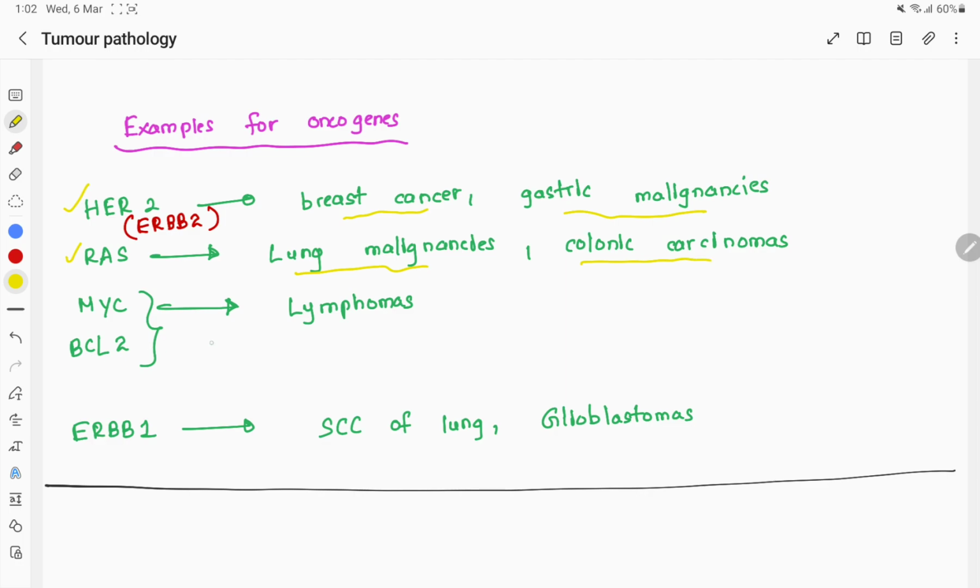MYC and BCL2 can be seen in lymphomas. Also, ERBB1 receptors are overexpressed in squamous cell carcinomas of the lung and in glioblastomas. Those are the examples of oncogenes. You have to remember HER2, RAS, MYC, BCL2 and ERBB1 receptors. The HER2 receptor is also called the ERBB2 receptor.